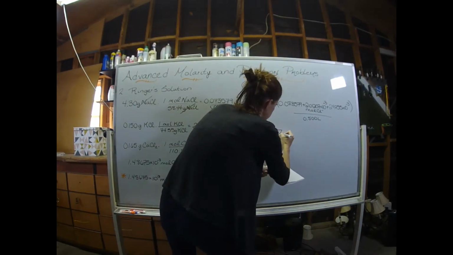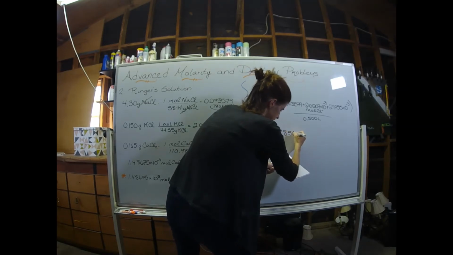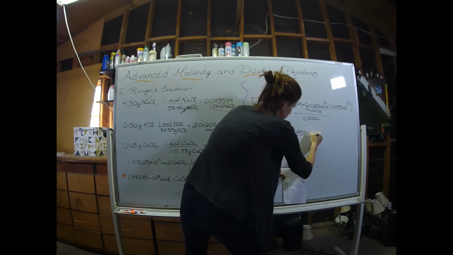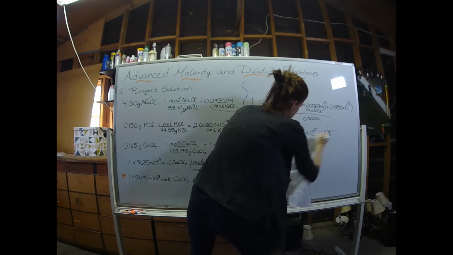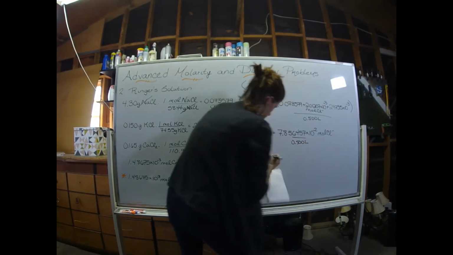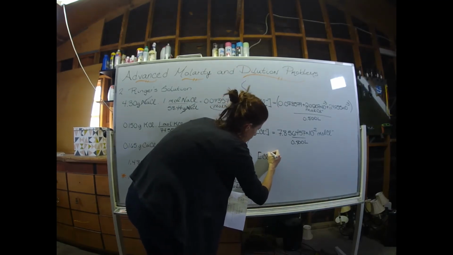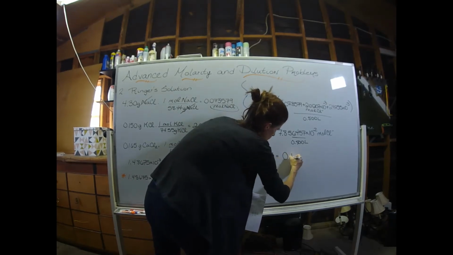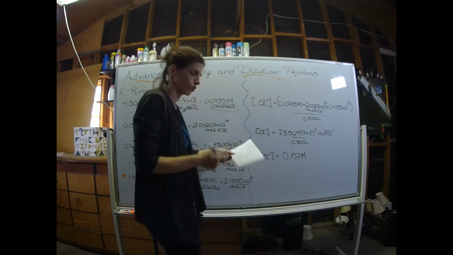I got 7.856457 times 10 to the negative 2 moles of chloride. And at the end of the day, that corresponds to a concentration of 0.157 molar for the chloride.